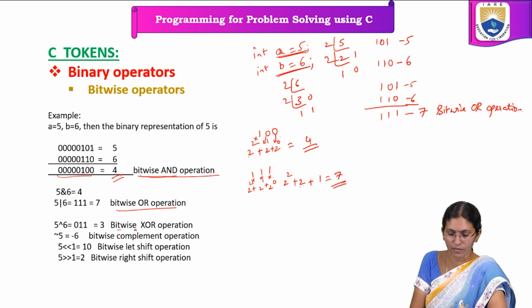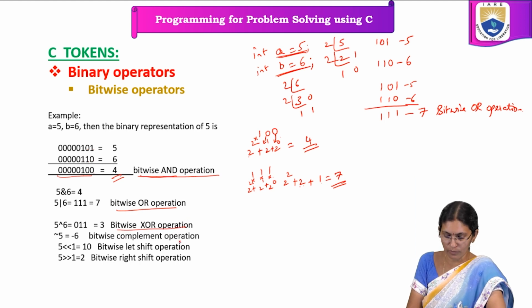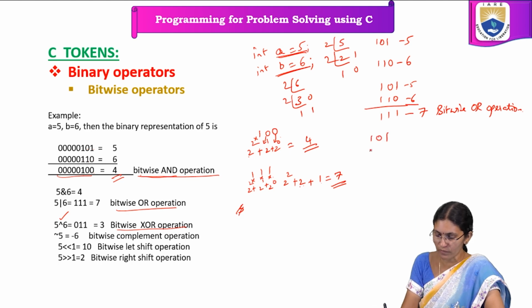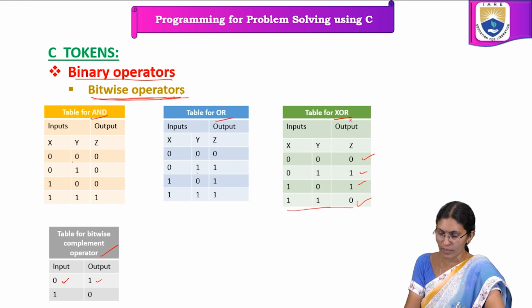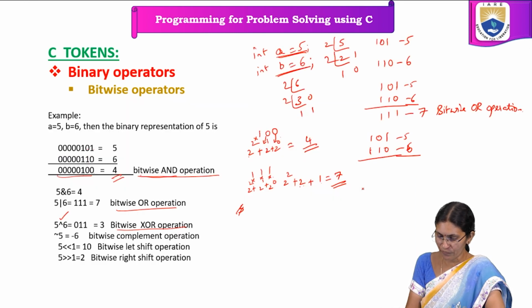Next, similarly, we can perform the bitwise exclusive OR operation. This is the operator for bitwise exclusive OR. Similarly, you take 1 0 1 and 1 1 0, which are 5 and 6. From the table for exclusive OR, when both the bits are the same, you get 0.